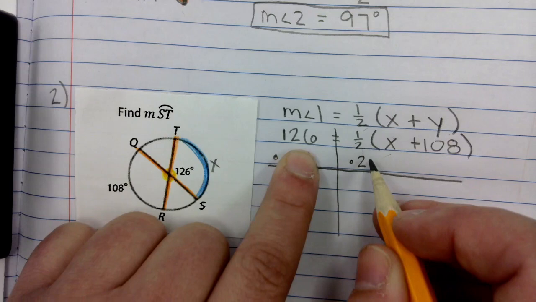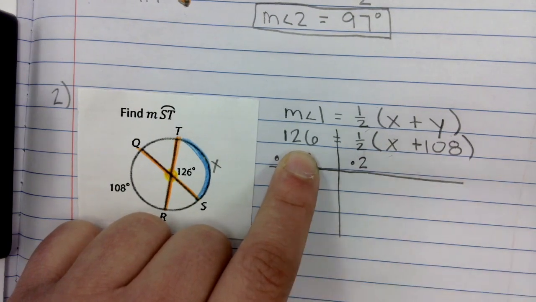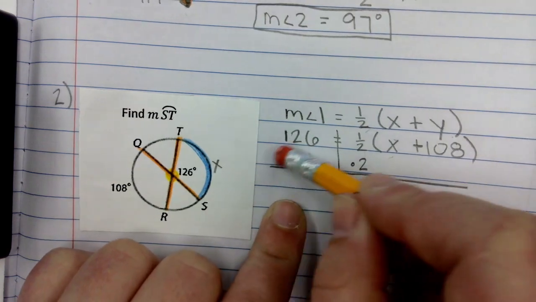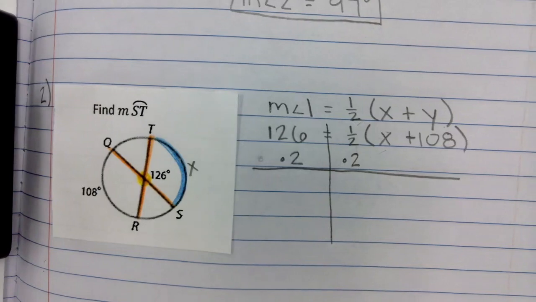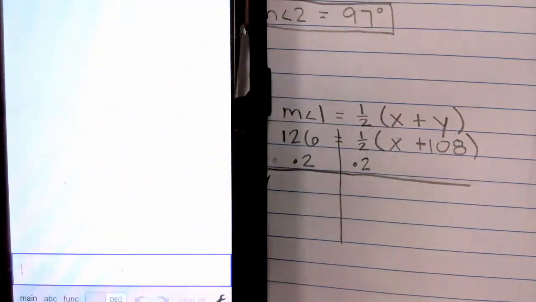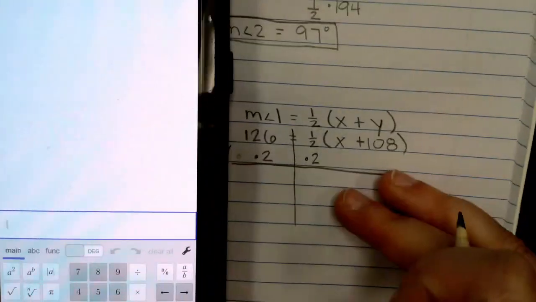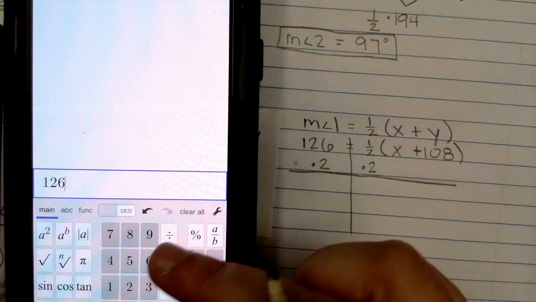Good question. So if we multiply by 2 on one side, we multiply by 2 on the other. We use that handy-dandy calculator of ours. $126 times 2, and we get 252 equals.